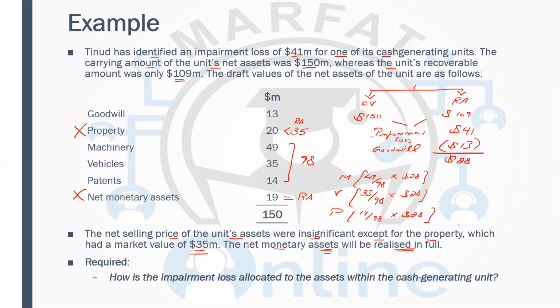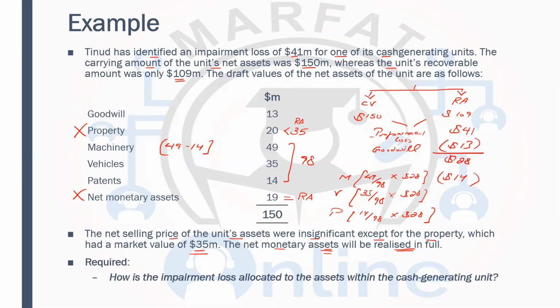Now let me calculate for machinery. Machinery is 49 divided by 98 multiplied by 28. It gives you 14. So 14 is the impairment which has been allocated to the machinery. Now, at what value will the machinery be recorded? 49 minus 14.